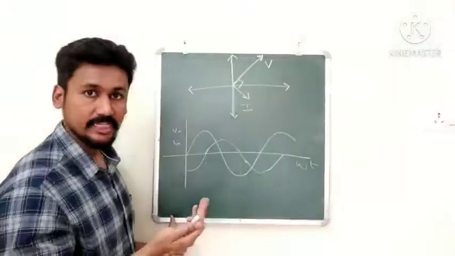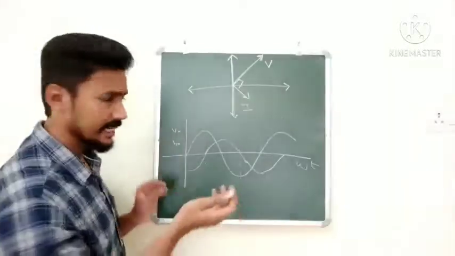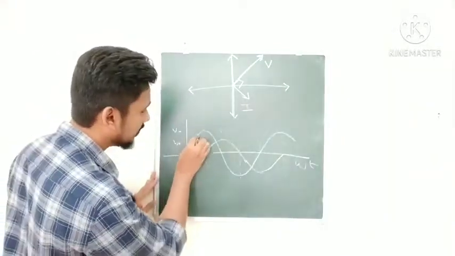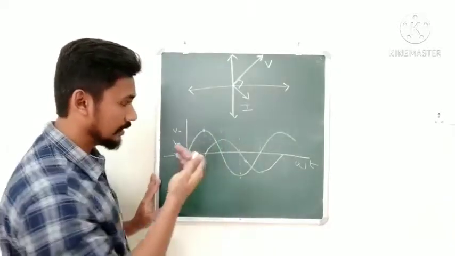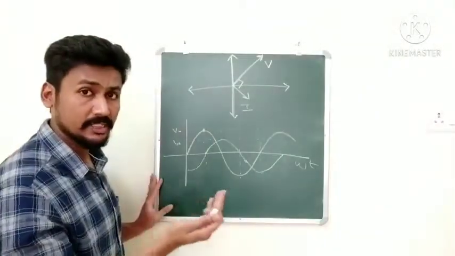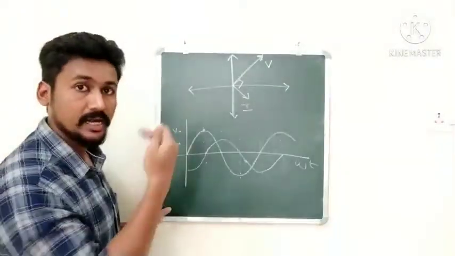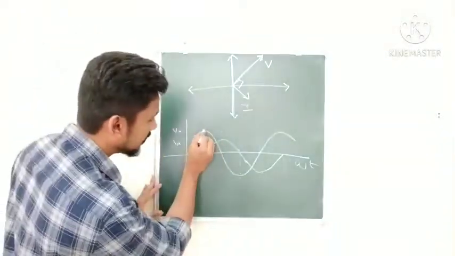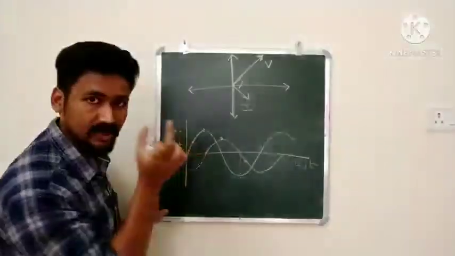Similarly, this is the graph of voltage and current versus omega t. Again, in this graph, we can see that current is behind by pi by 2. How do we understand that? See, the voltage has reached peak value here. Okay, but what happens? The current is going to be behind by pi by 2. So after pi by 2, the current will reach the peak value. That means, see, here the current has reached the peak value after a gap of pi by 2.